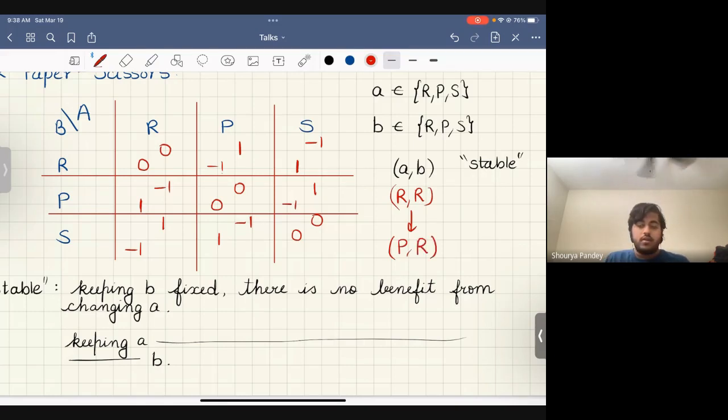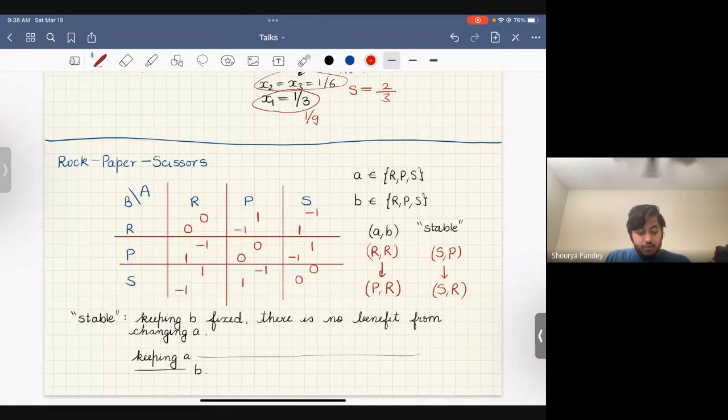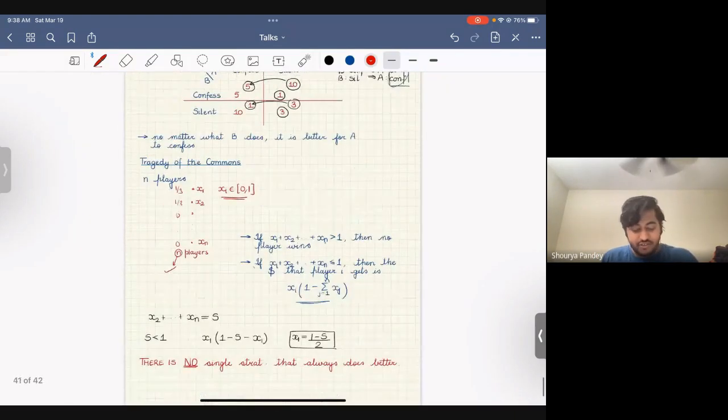Or if it's s comma p, then b can benefit by changing this to s r, for example, and all other cases are symmetric. And so we don't have such a stable strategy, right? Okay, is this clear so far? In all three examples, are there questions?